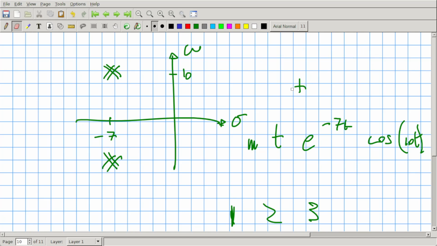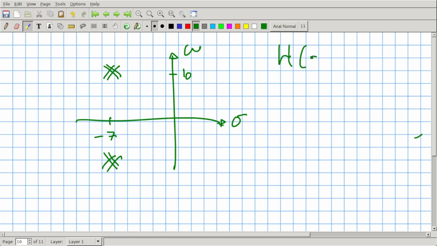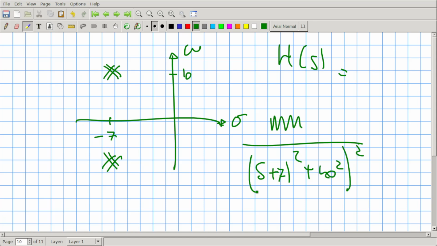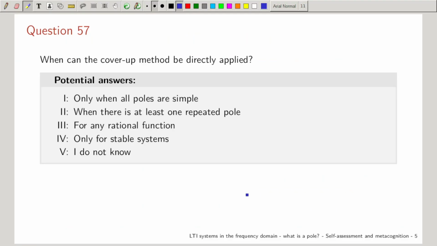Then I would have my H of S looking like something numerator, and then S plus 7 square plus 10 square, squared. True? I think I'm forgetting a parenthesis. Okay. Come on, shall we together, people? 1, 2, 3. And then let's do this one.